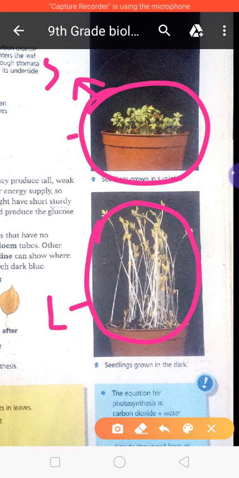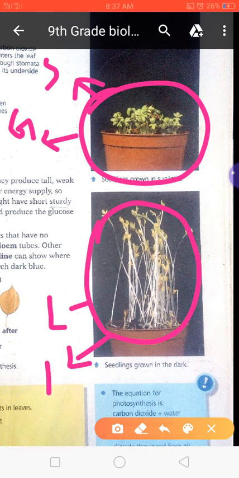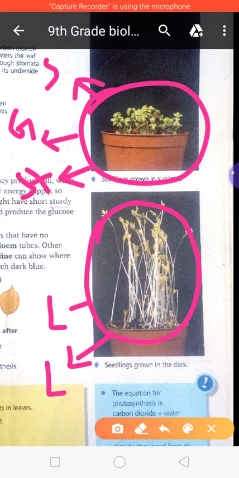This plant has great biomass, but this plant does not have great biomass. It has less biomass. The reason for this is that this plant has stored a lot of starch, and energy is stored in the starch, and the biomass of this plant is increased. But if you look at this plant, it hasn't stored a great amount of starch. The starch is very little, so that's why the biomass of this plant is very little.